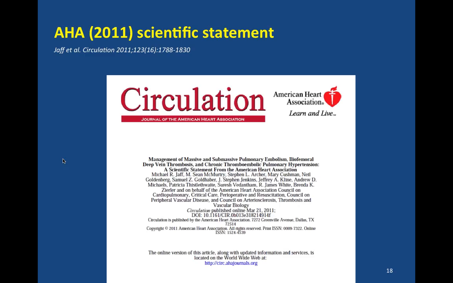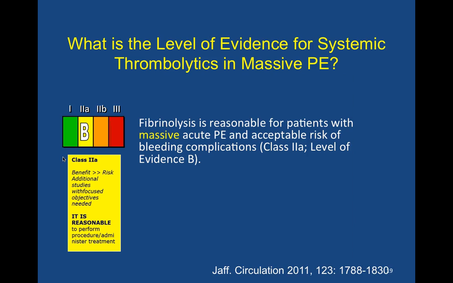Now, what do we know about systemic fibrinolysis? I'm going to talk about them in terms of guidelines. Again, the American Heart Association has tackled this issue and talked about systemic thrombolytics in patients with PE. And the guidelines give systemic thrombolysis in massive PE patients. So first, I'm going to talk about massive PE.